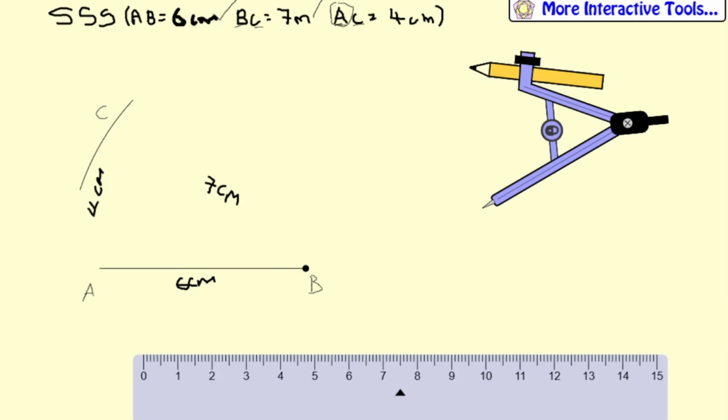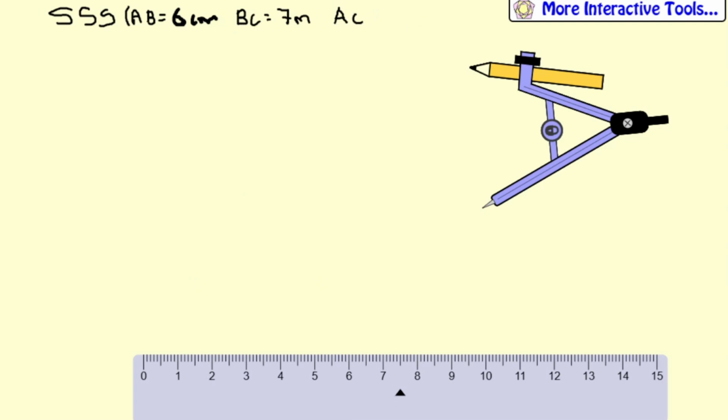Now it is time for you to try one on your own. So let me give you some measurements so you can practice.